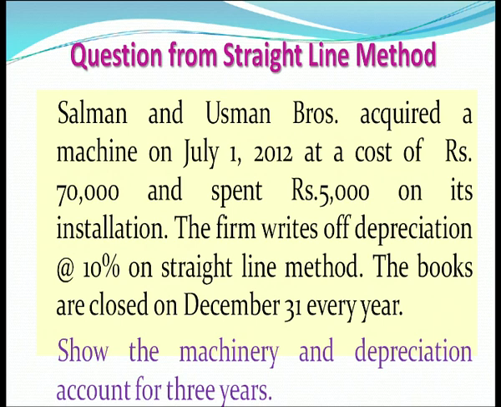The books are closed on 31st December every year, and we are required to show the machinery and the depreciation account for the 3 years. This question will enable us to understand how the accounting part has to be recorded in the financial books of accounts. So here we would be preparing the machinery account and depreciation account to record our entries in both the ledger accounts. Now let us start doing the question.